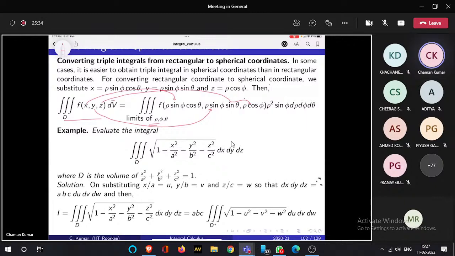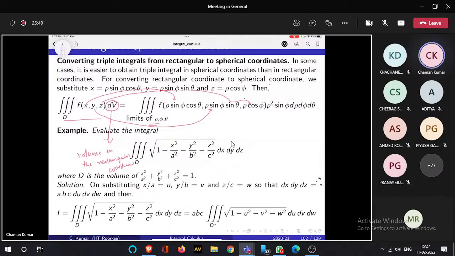And this was the infinitesimal volume in the rectangular coordinate, right?